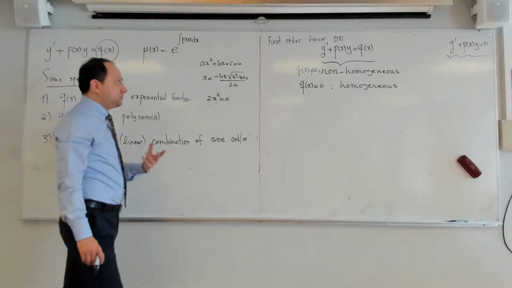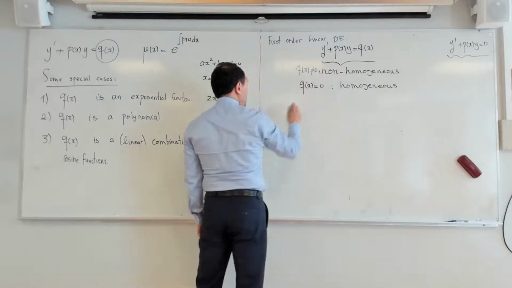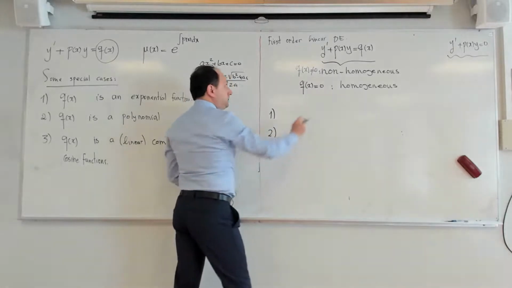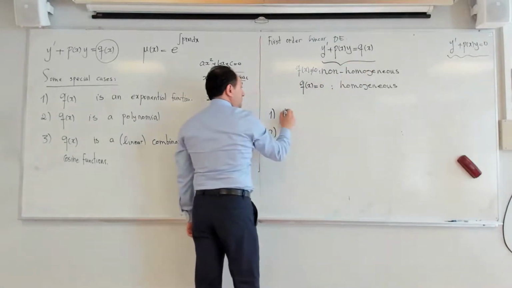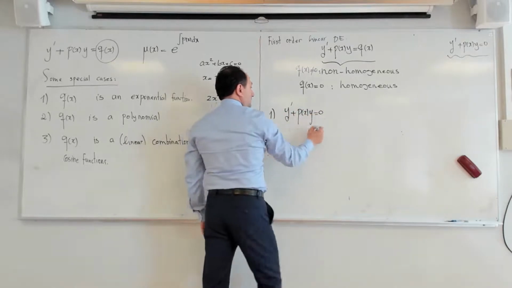What I am trying to motivate is that if you want to find a general solution of this equation, you do it in two steps. You take this away and put zero, okay?